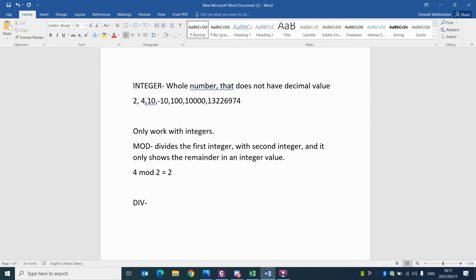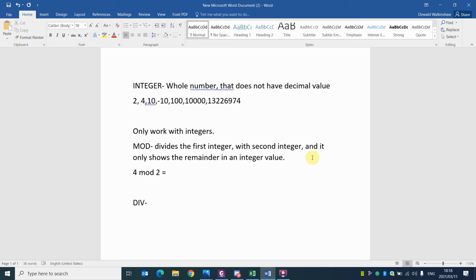Okay, so maybe I'm not clear. What does a remainder mean? Left over. Something that's left over. So if we have 4, you divide it by 2. You're going to say, let's see how many times 2 goes into 4.